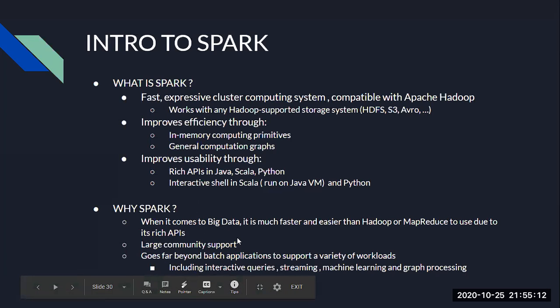When it comes to big data, Spark is kind of the default tool to use. Before it was Hadoop, but Hadoop is tied to Java, which is not optimized so much for machine learning and data science workloads. That's why Spark has become more and more popular now. And that's why I put here that it's easier than Hadoop MapReduce, because Spark has a very rich API and isn't tied only to Java.